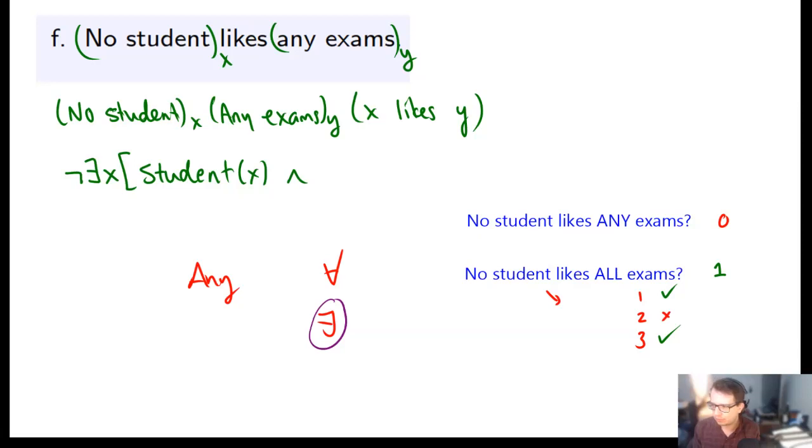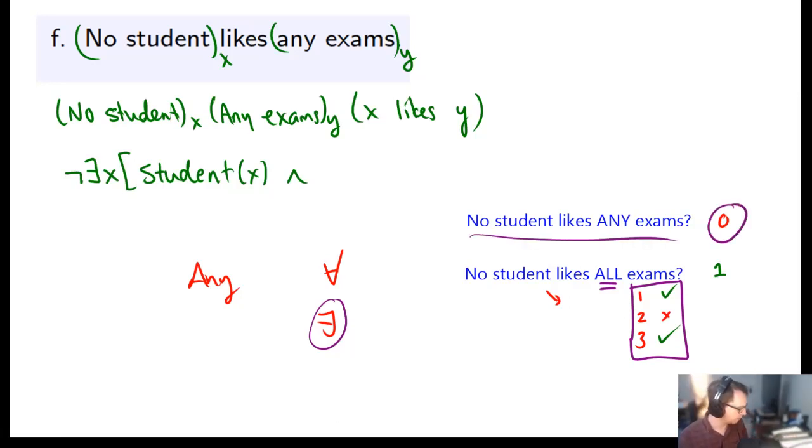The universal with this paraphrase really doesn't match our intuition of what should be happening. If we have this situation, the sentence, no student likes any exams, really shouldn't be true. It should be false. And that's what we're going for. So the universal is bad here.